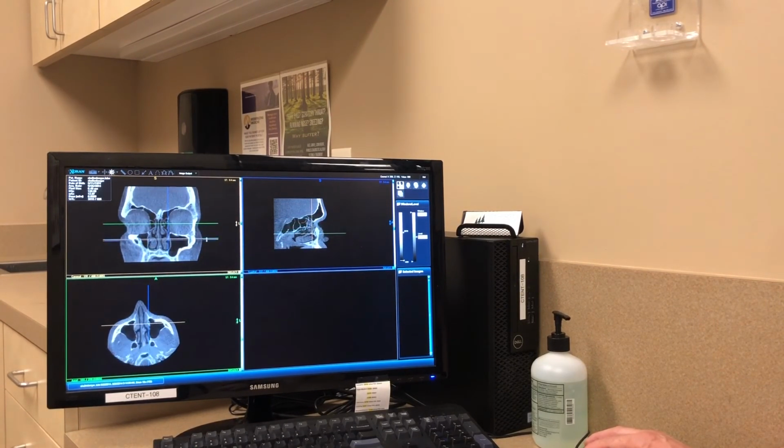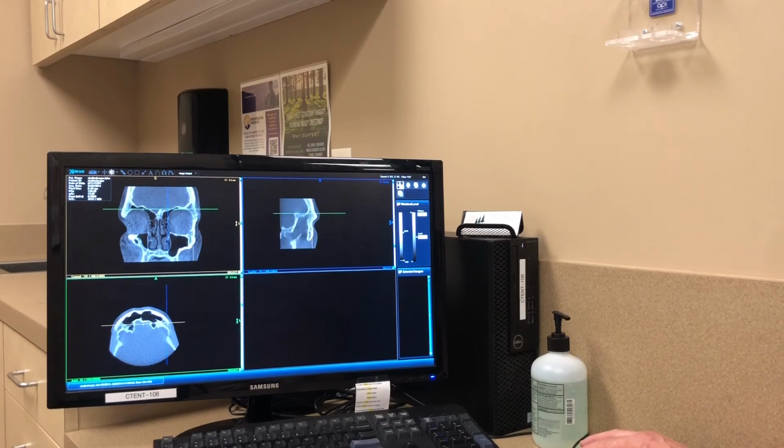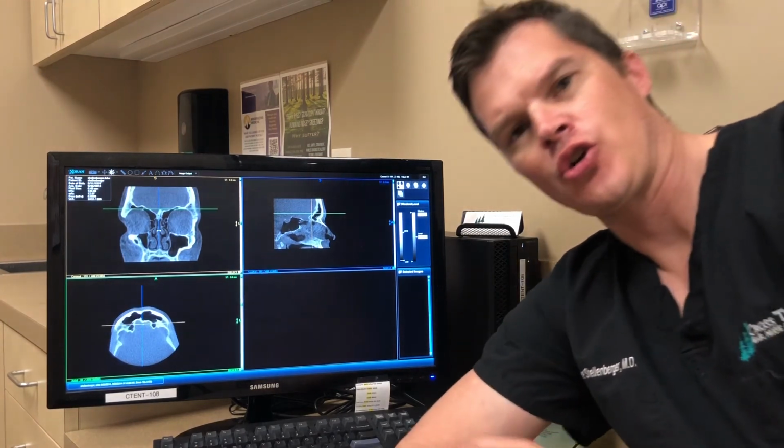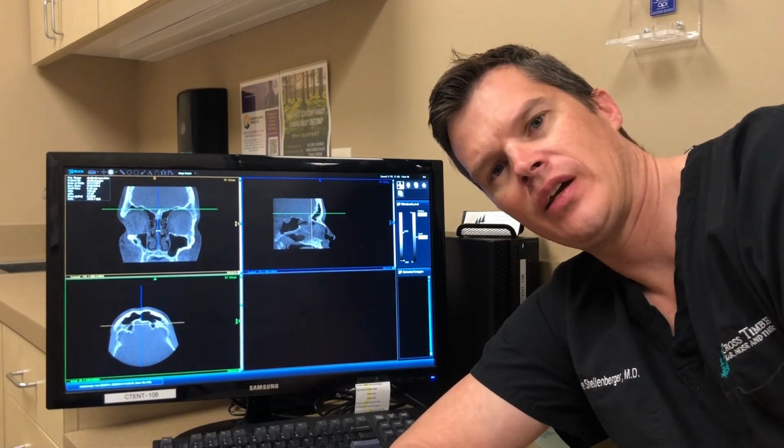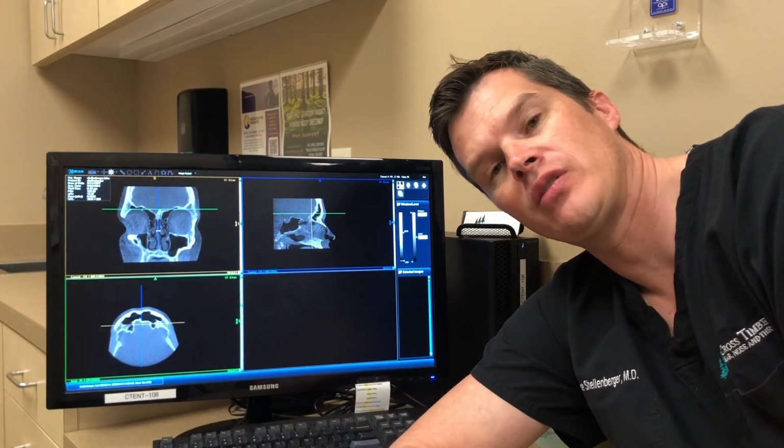This is from top to bottom, looking down here. And then this is the sagittal plane. The sagittal plane is from side to side. So you can kind of see the structures in three different dimensions and gives us a really good view and helps us to determine surgically what we're going to be doing if we do plan for surgery.